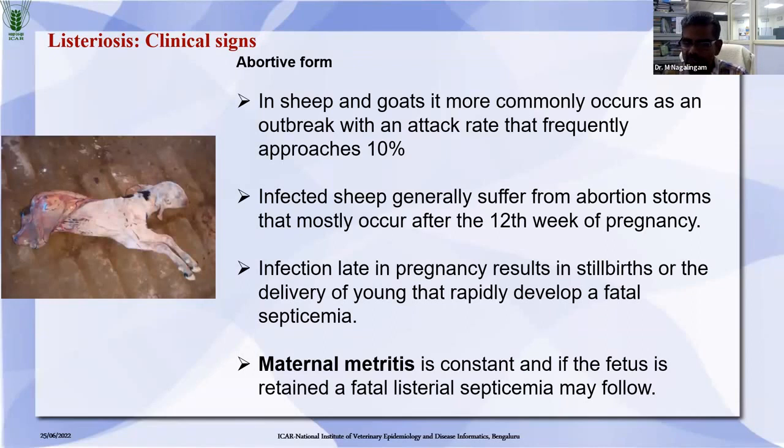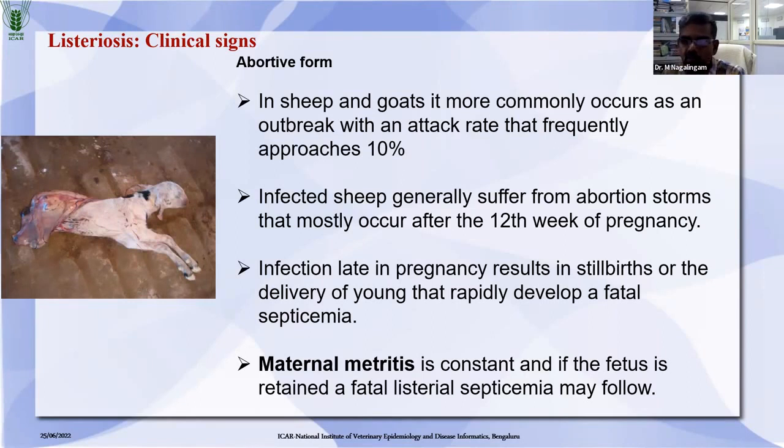If in the earlier part, then abortion will occur. And in the young ones also, it can develop fatal septicemia. So maternal metritis is one of the constant phenomena in case of listeriosis, and retained placenta, with fatal listerial septicemia, may follow with regard to the fetus.